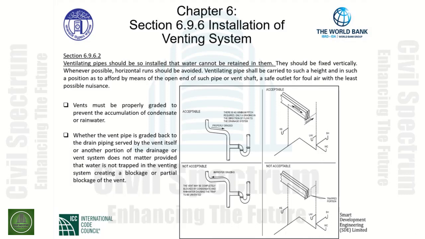As you can see, there is a trap created here. This will provide a blockage with respect to any rainwater or condensate that will build up over time and thus eliminate any type of air in the system for this partial venting area.